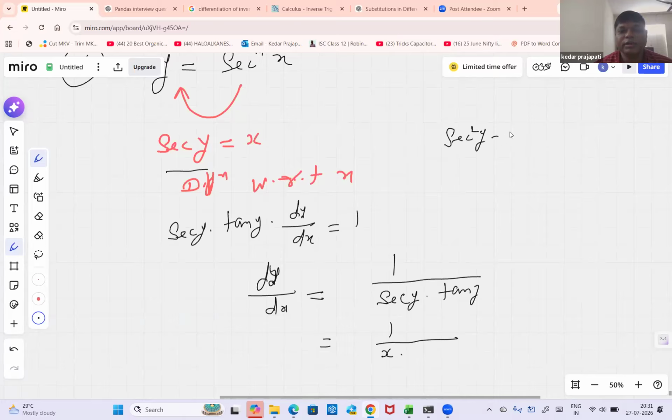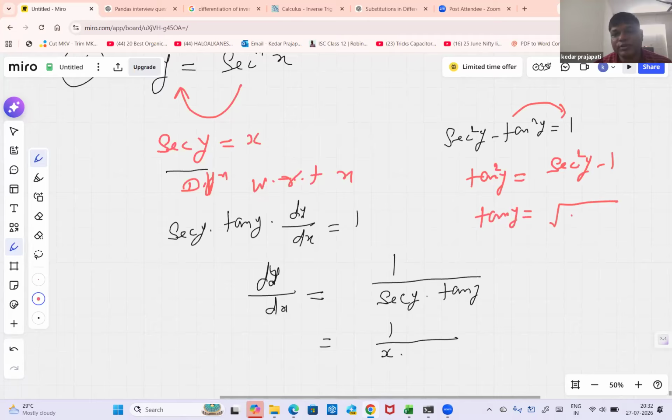What will be tan y? Sec square y minus tan square y equal to 1. So from here, tan square y will be secant square y minus 1. From here, tan y will become root over secant square y minus 1.